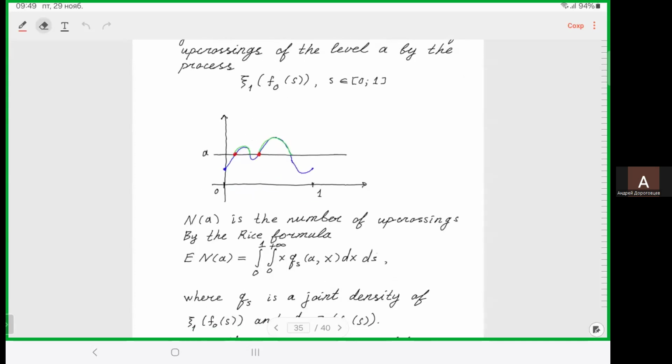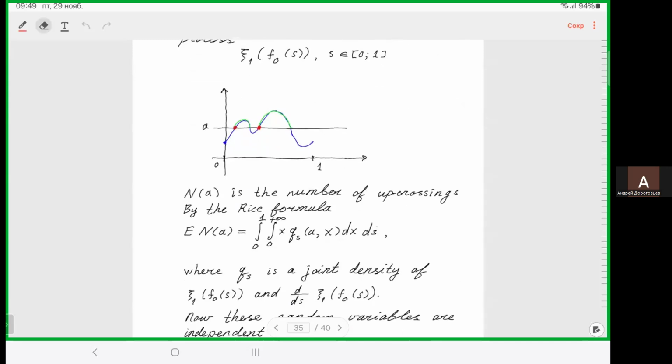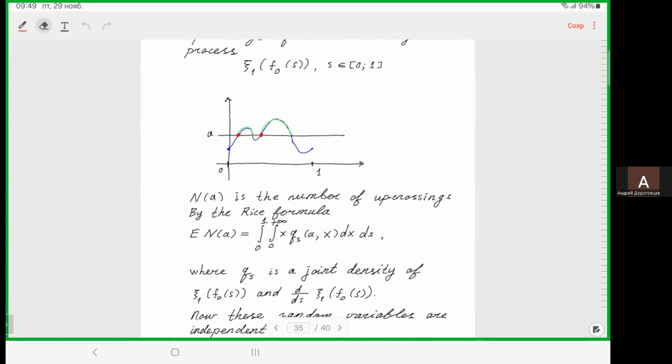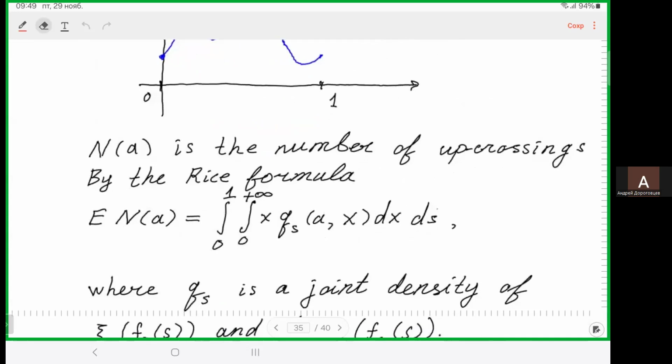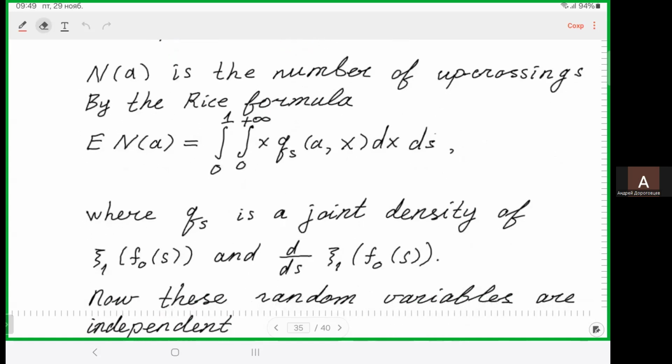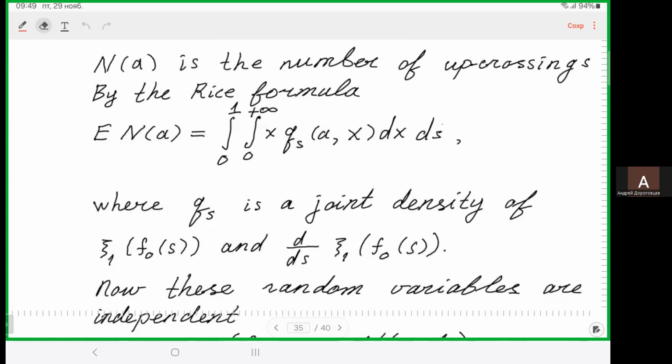Let me recall it to you. It is the following formula. The expectation of the number of upcrossings is equal to the following integral. Double integral over the parametric set 0, 1, integral from 0 to plus infinity of x q_s(a, x), where q_s is the joint density of psi1 and its derivative.